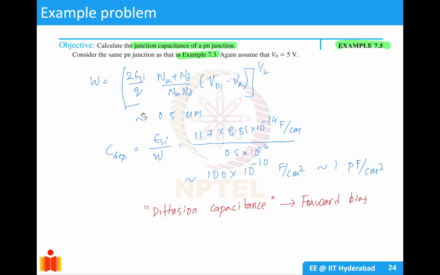You solve this, you will get around 0.5 microns, and epsilon is given as 11.7 into epsilon naught. If you solve this, you will get around 100 into 10 to the minus 10 farad per centimeter square, which is 1 picofarad per centimeter square.